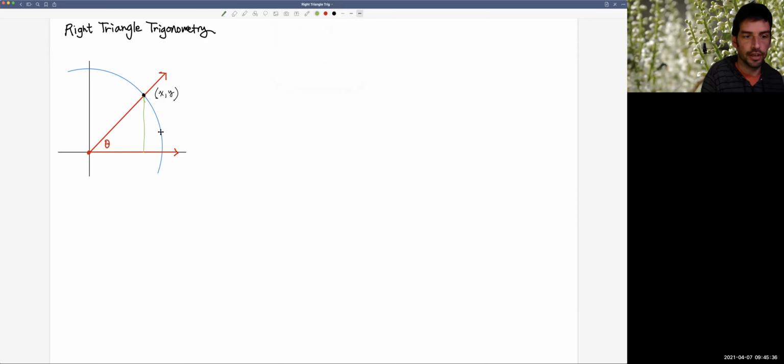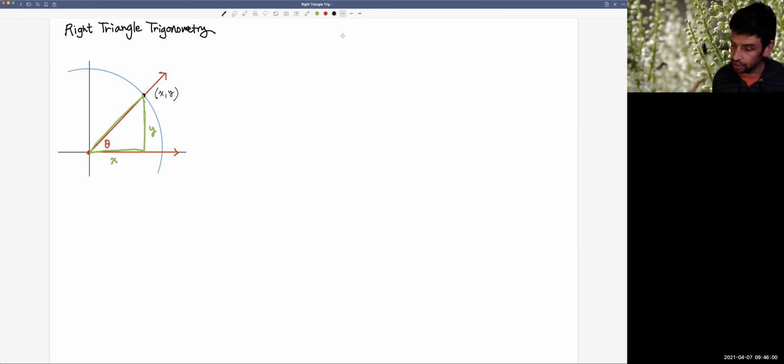Let's make this a little thicker. Drop ourselves a vertical line here, having trouble staying straight today. So if we look at this triangle, this side of it is x, this side of it is y, right? The same as those coordinates there.